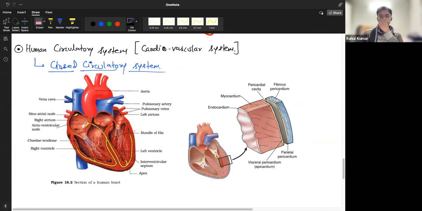Now coming back to the biological heart, the function of the heart is just one thing: keep pumping the blood. So it is like a pump. It's exactly like a pump that we use to put water into coolers, or put water in water tanks, or to drain water from somewhere.